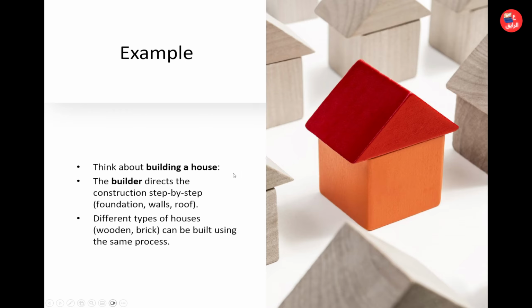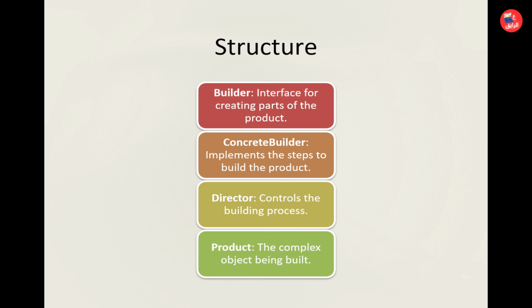For example, think about building a house. The builder directs the construction step by step: foundation, walls, roof, and so on. Different types of houses, like wooden or brick, can be built using the same process.